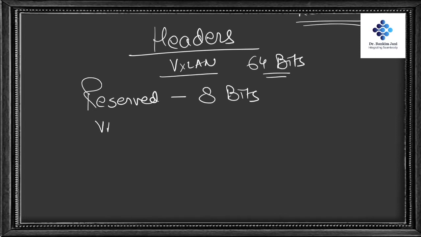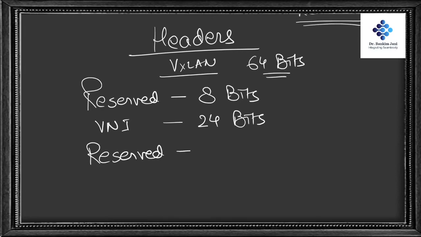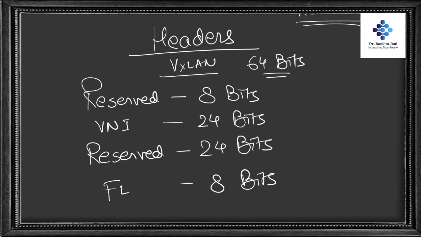Then we have got our favorite VNI, and yes, it has 24 bits. Then once again there are reserved bits, another 24 bits, they are also reserved, right? So 24, 24, okay. And then there would be 8 more bits. This is called the flag.